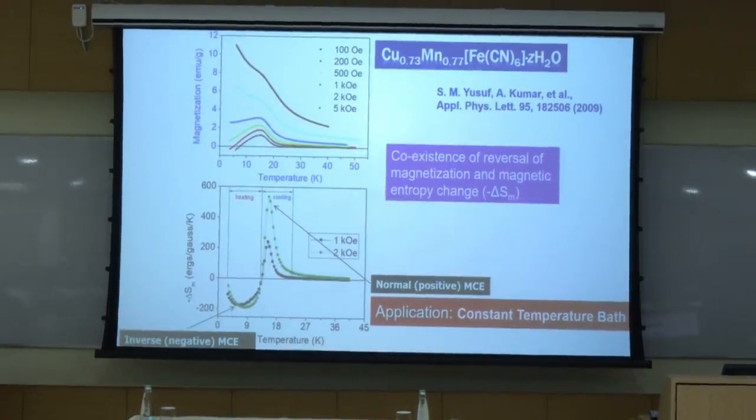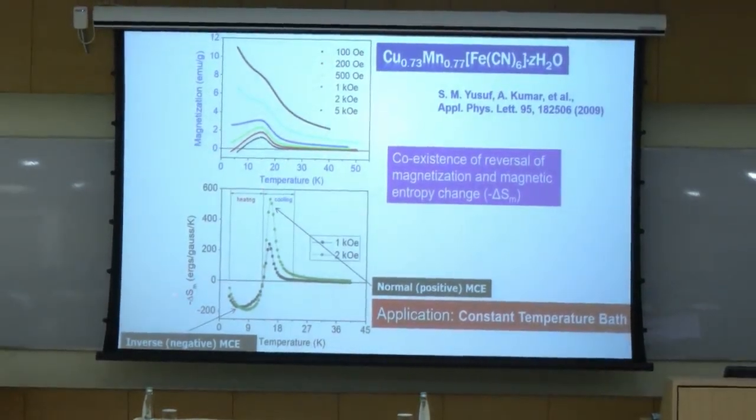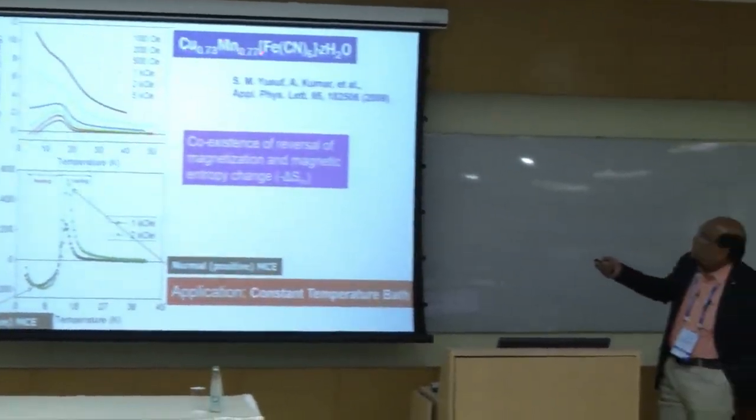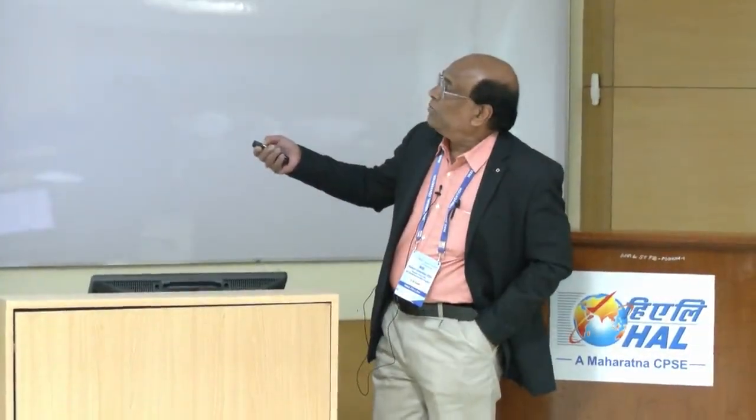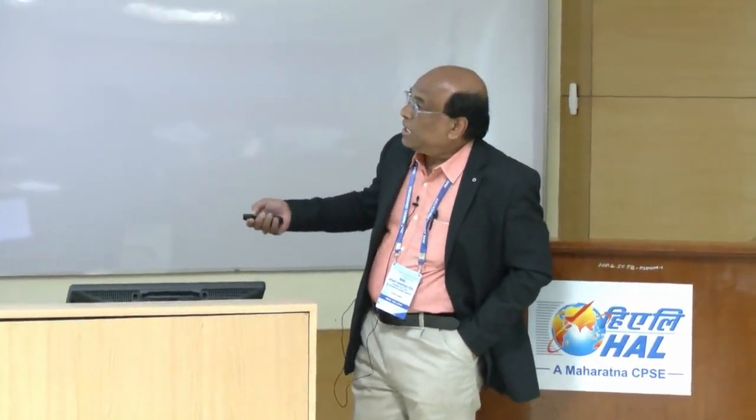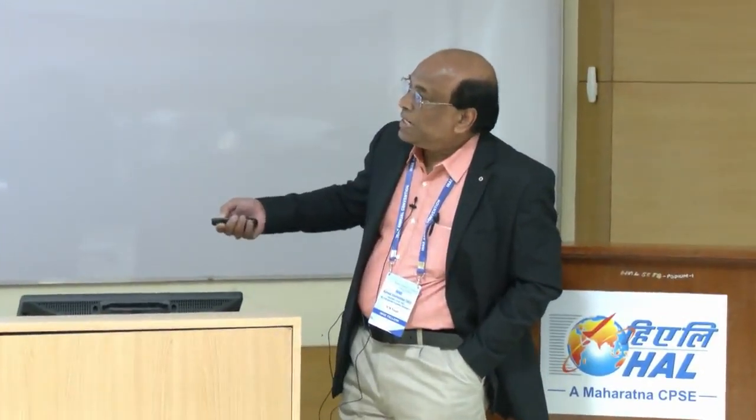And yet another example, when this magnetic entropy change is there in certain materials. For example, we have worked very closely on this molecule-based magnetic material, where there can be a situation that minus delta Sm can be positive as well as negative. This is yet another twist of this effect, that we get both positive and negative in the same material.